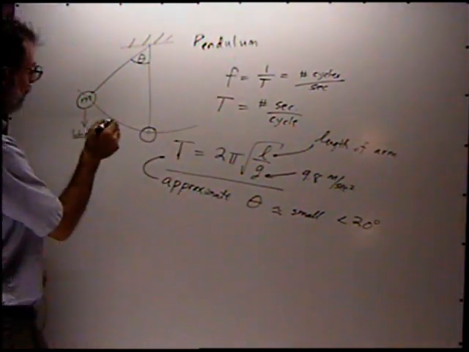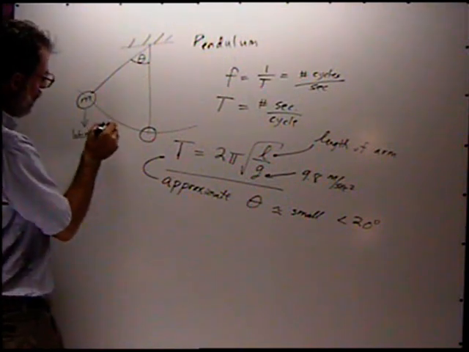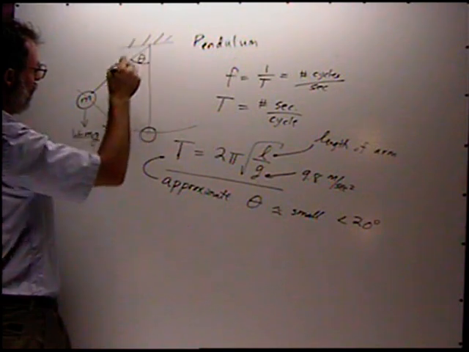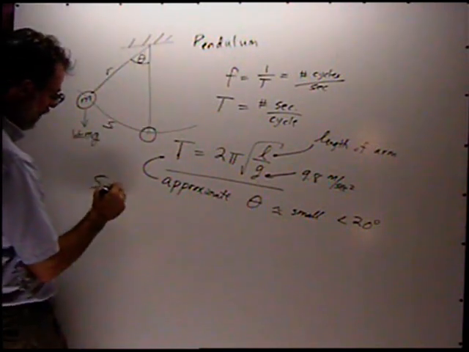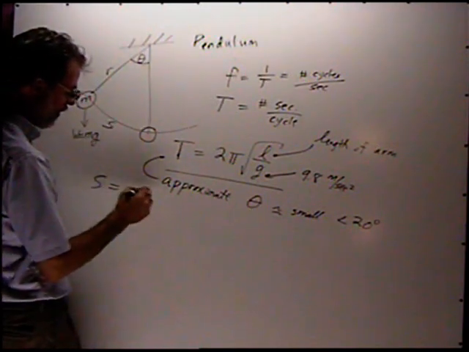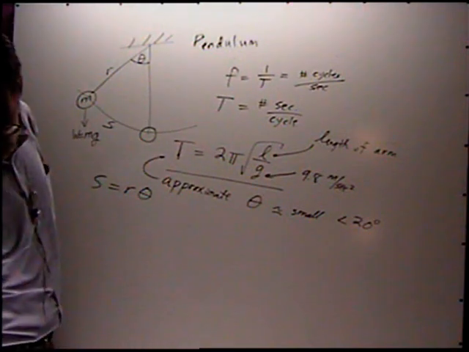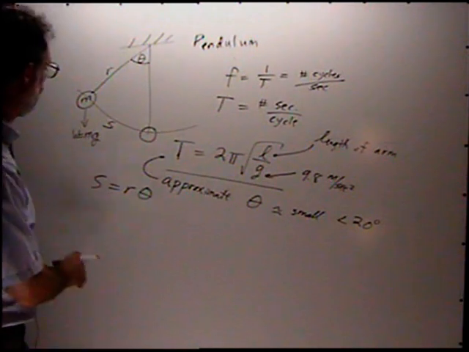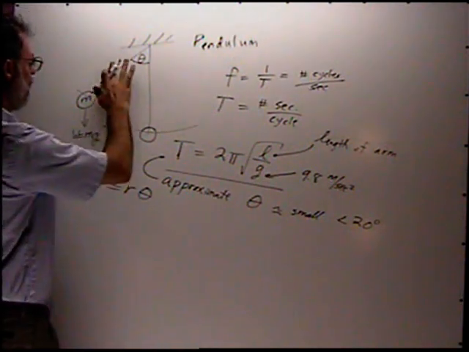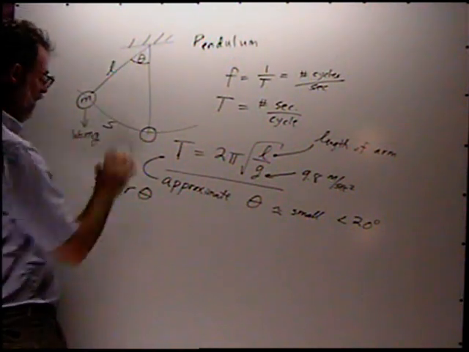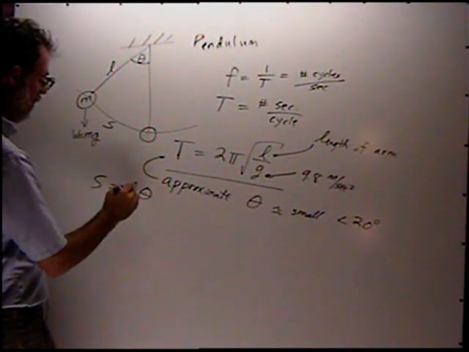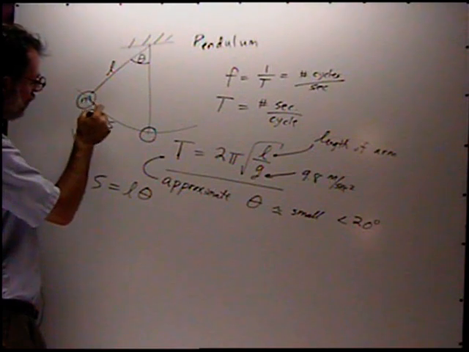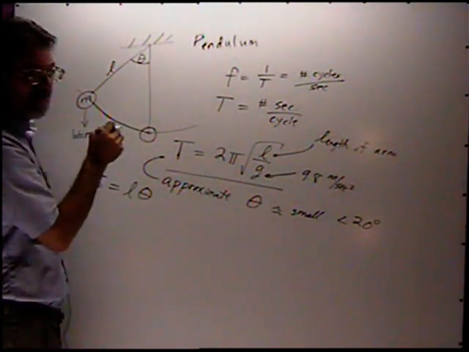Now remember the arc equation, s equals r theta. They even talk about that on page 240. Okay, s equals r theta, or in this case, r is L, the length. So the mass is restrained to move only along here.